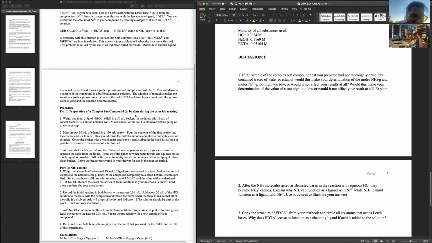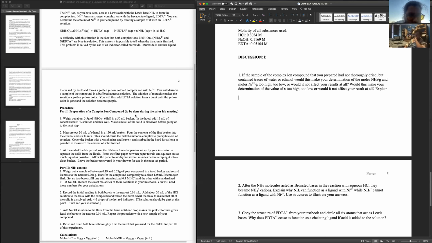All right, we weigh this out, and then we add the NH3, make sure all the solid is dissolved. Okay, then measure out some ethanol. Okay, and then mix it. That should cause the nickel ammonia complex to precipitate out of the solution. Okay. I think I understand.